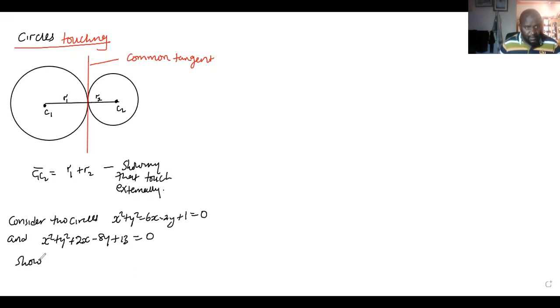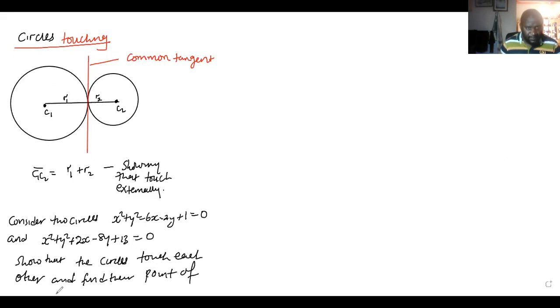Show that the circles touch each other externally and find their point of contact.